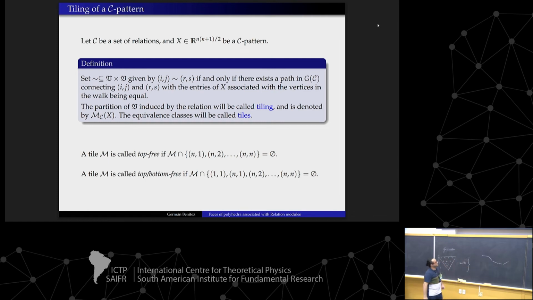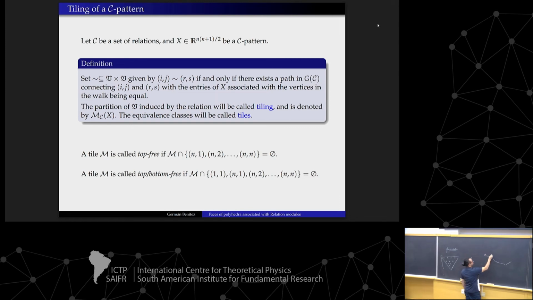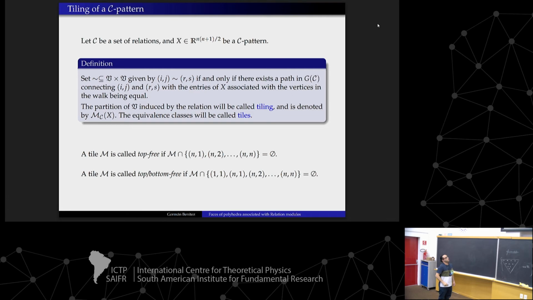When we see the C pattern, all entries associated with this walk are equal. This class is called a tile. The set of the partitions induced by this relation is called the tiling of the C pattern.